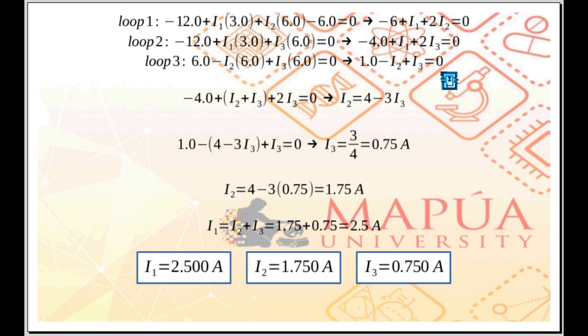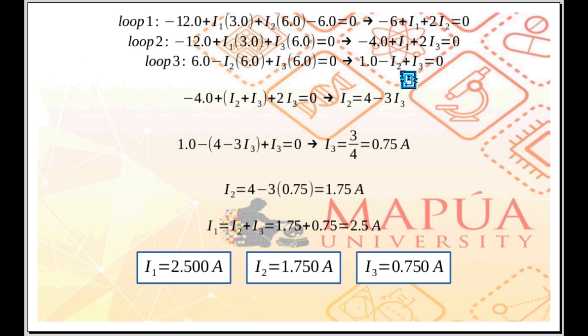Now, using the loop 2 equation and combining it with the junction rule equation, replacing I1 by I2 plus I3, we get I2 is equal to 4 minus 3I3.